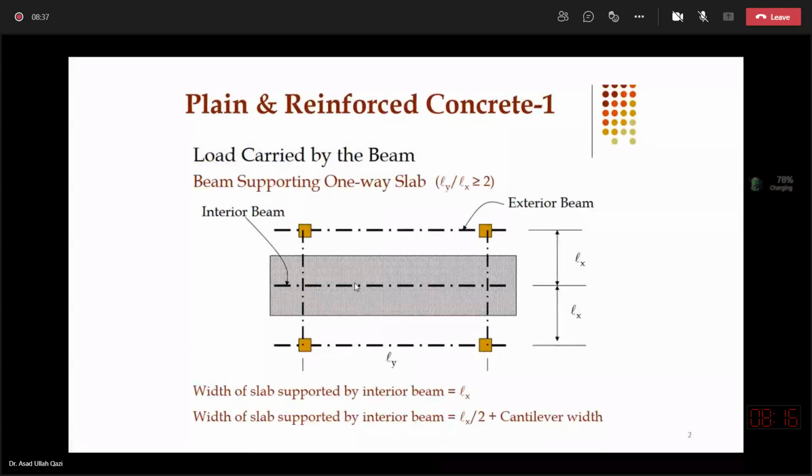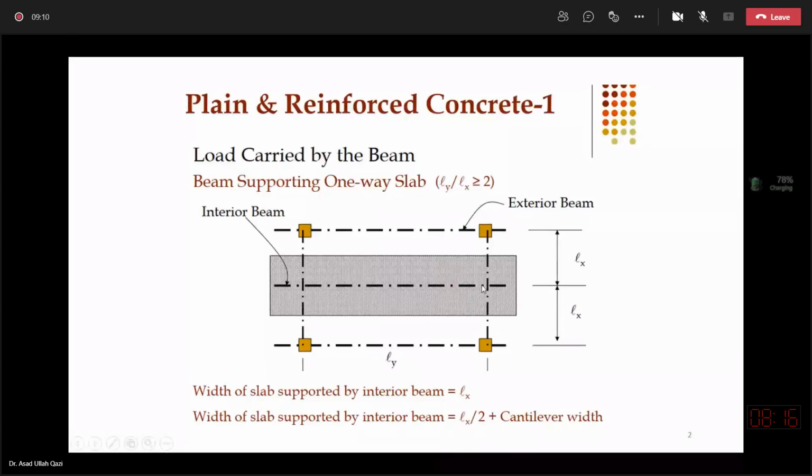Actually, if beam is present in a one-way slab system, this picture on slide number 2 indicates that there are two panels which are adjacent to each other, and there are four columns, and on column center line beams are running, and there is also one beam present which is resting on the spandrel beams.